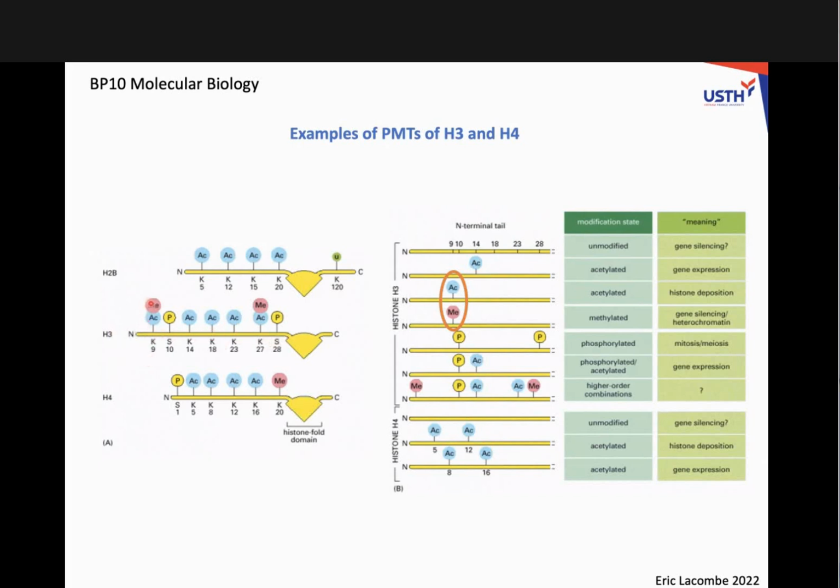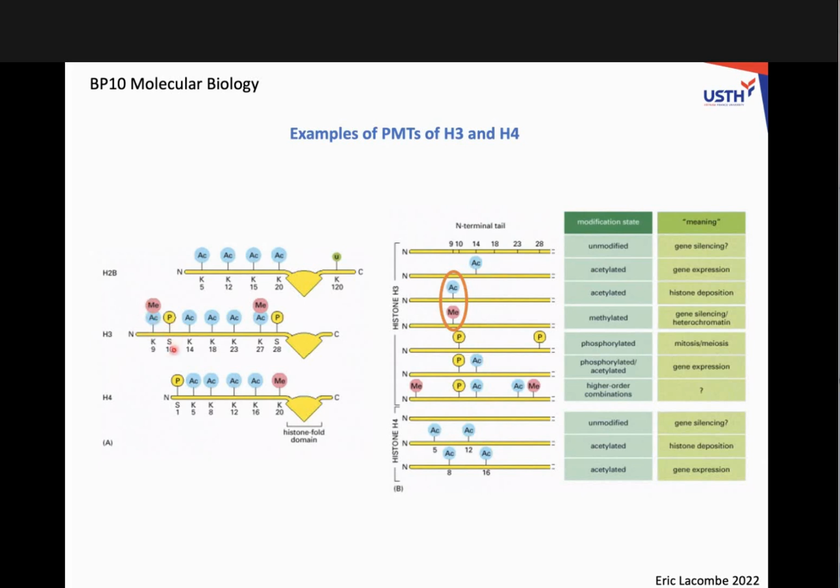Then here, the representation shows the different amino acids. We already saw that. Lysine, serine, the position number in the protein sequence, and on the top, the post-translational modification that can happen. For example, the lysine in position 9 can be either acetylated or methylated.